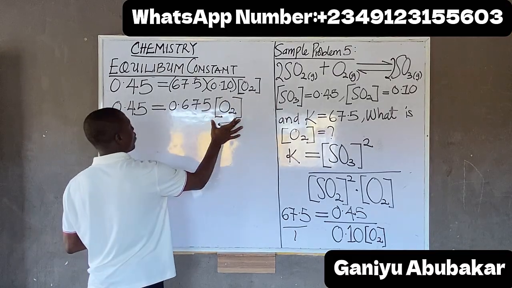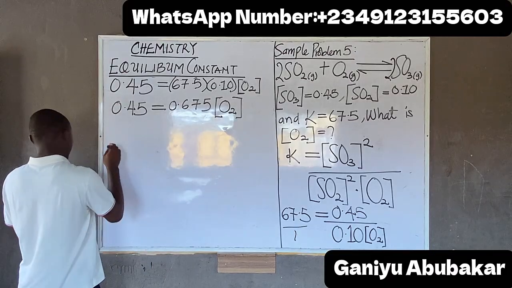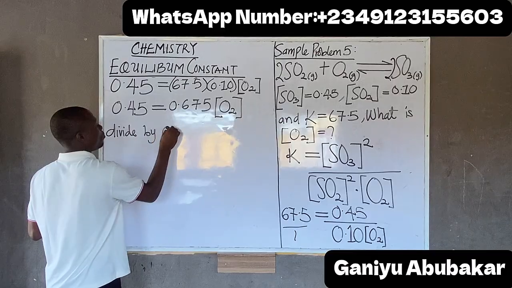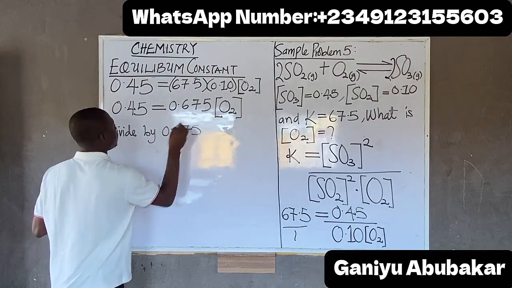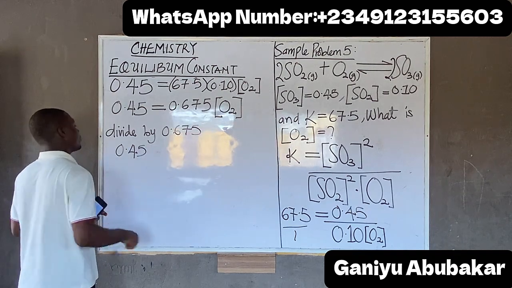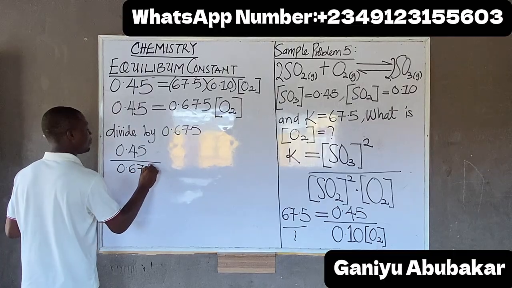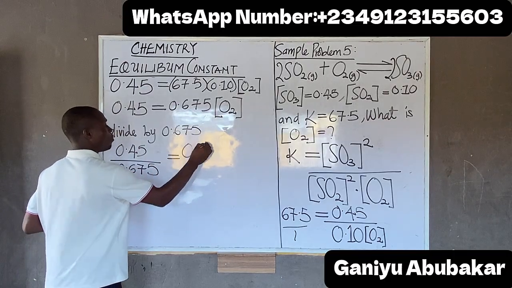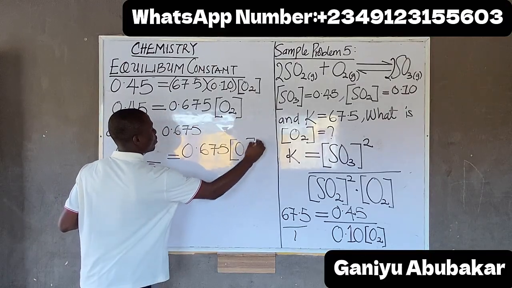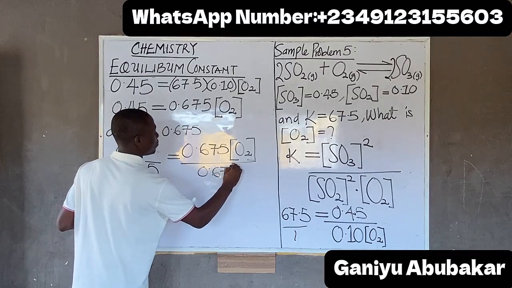To get this one, I'll have to make such a formula. I have to divide both sides by what? 0.675. So divide by 0.675. That gives you 0.45 all over 0.675 is equal to 0.675, of course, my oxygen concentration, all over what there? 0.675.